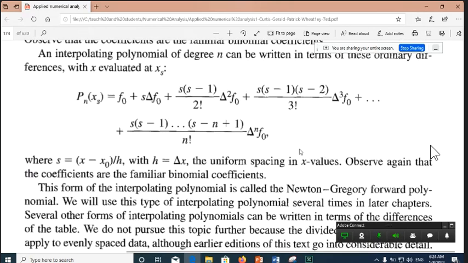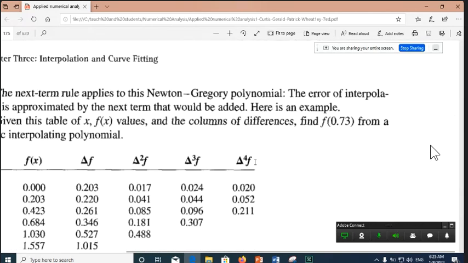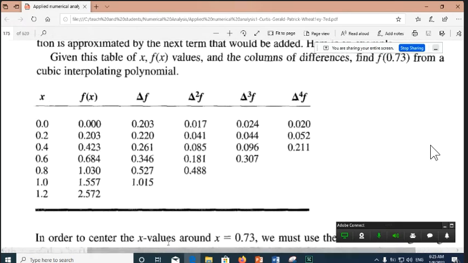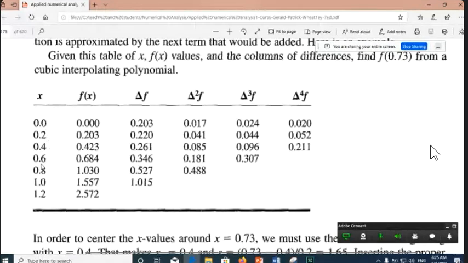We can see in the next table how we can easily compute the del f's, del 2f, del 3f from the table. For example, we have x as the points 0, 0.2, 0.4, 0.6, 0.8, 1.0, and 1.2.